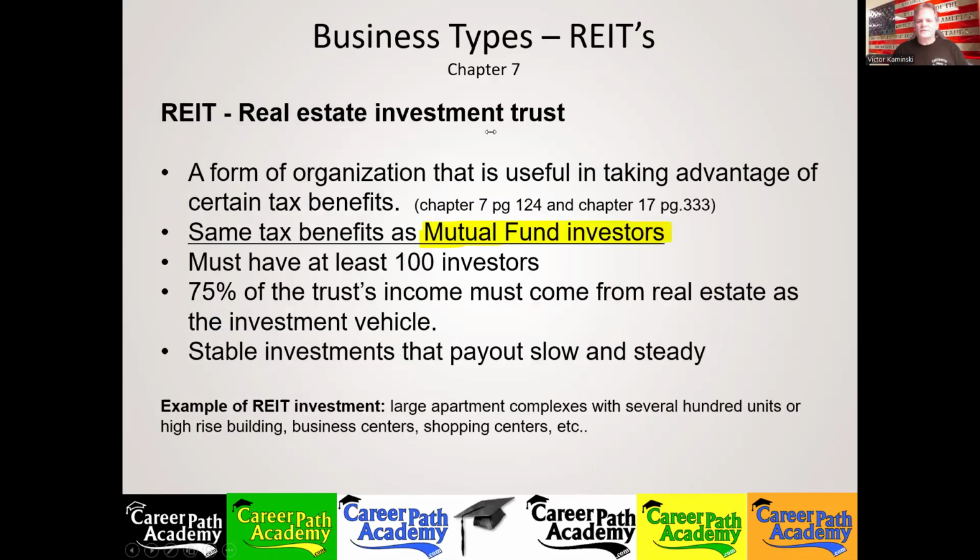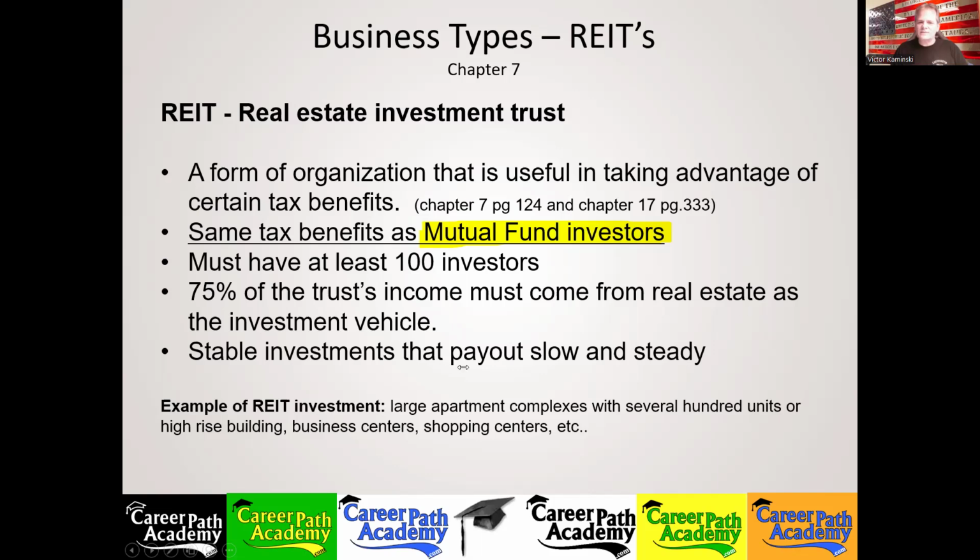Okay, now a REIT is a real estate investment trust. It's a form of organization that's useful for taking advantage of certain tax benefits. They get the same tax benefits as mutual fund investors. In order to have a REIT, you have to have at least 100 investors, and at least 75% of the trust income has to come from real estate as the investment vehicle.